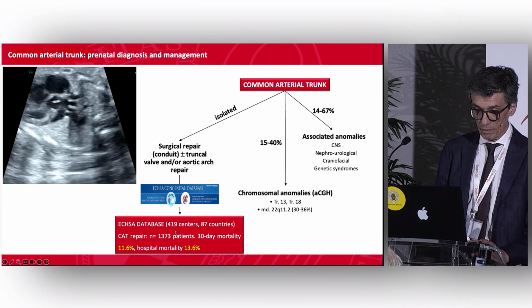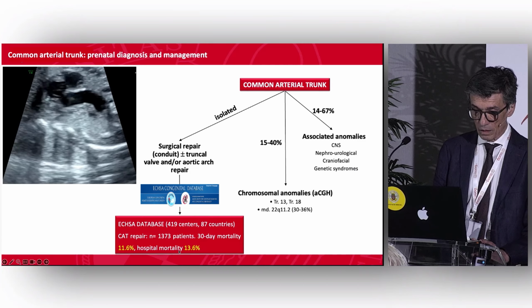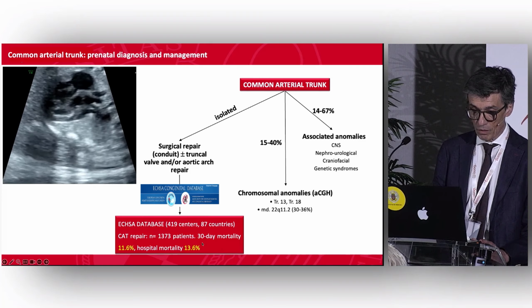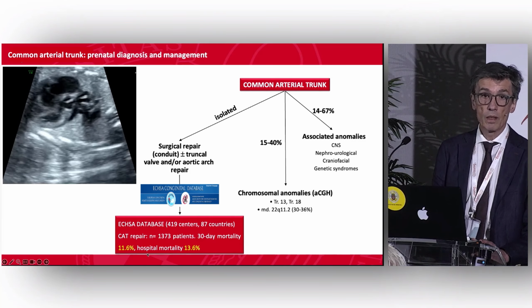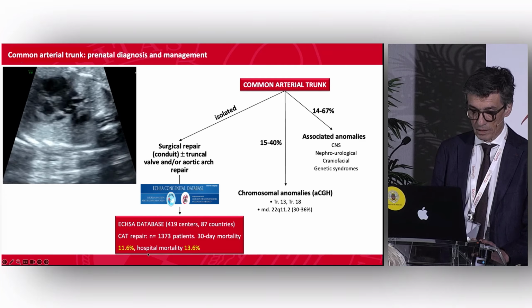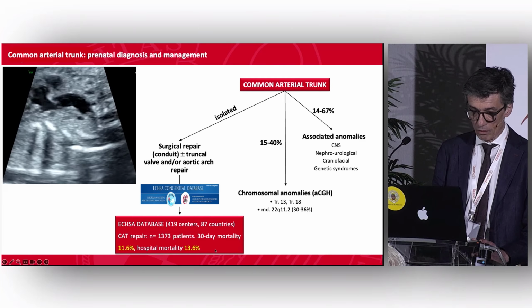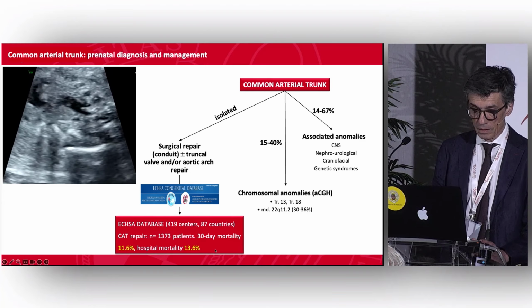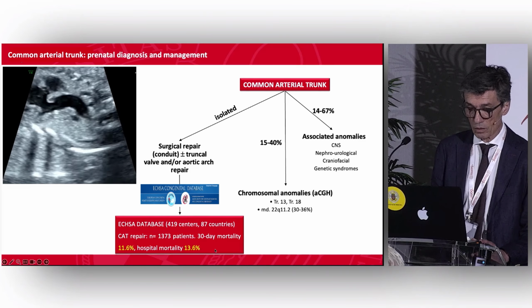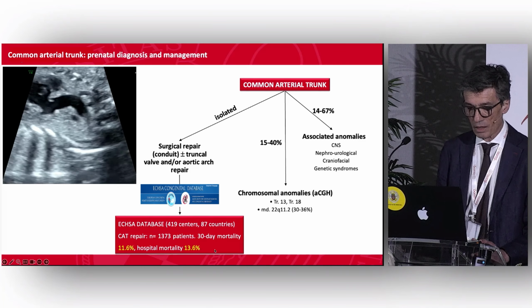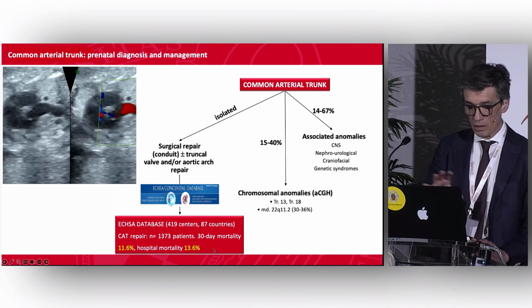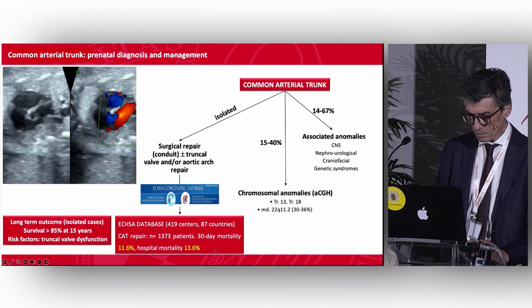More than 1,000 patients with common arterial trunk were included, and the 30-day mortality was around 12%, and the hospital mortality around 14%. So for isolated cases, these are the numbers currently reported in many centers around the world.